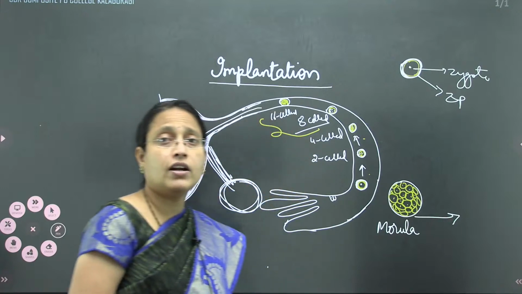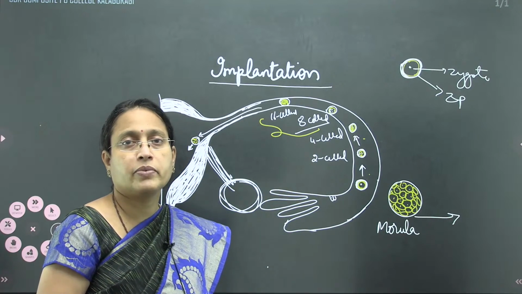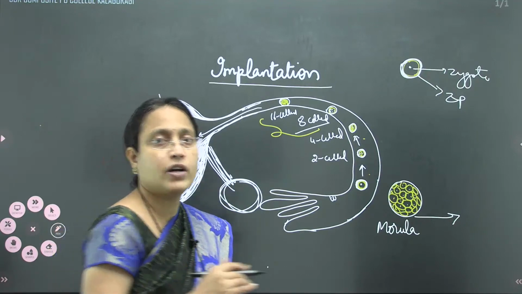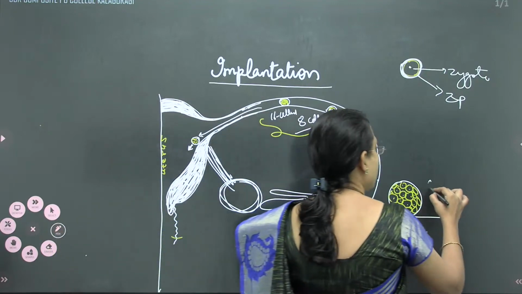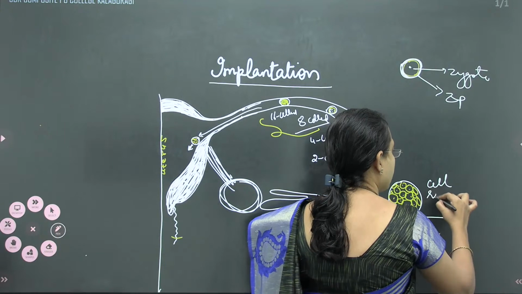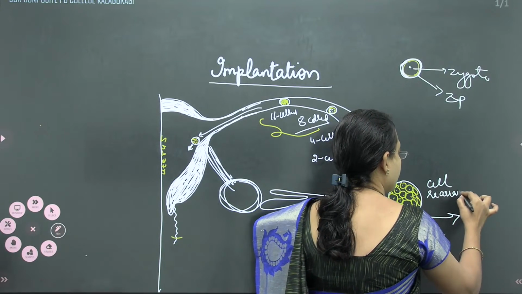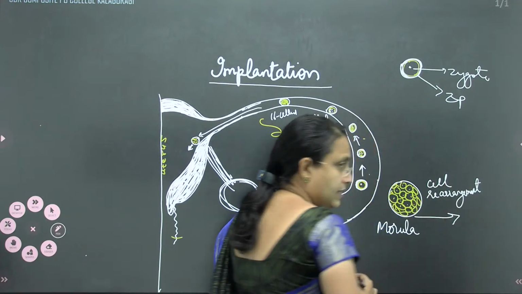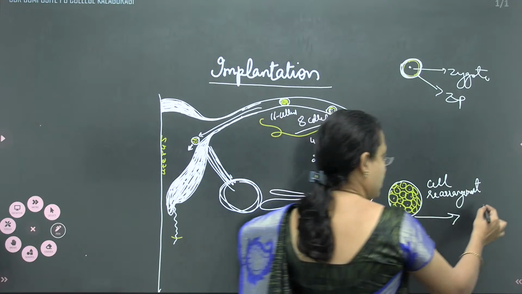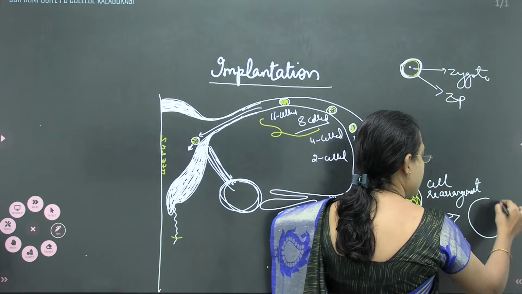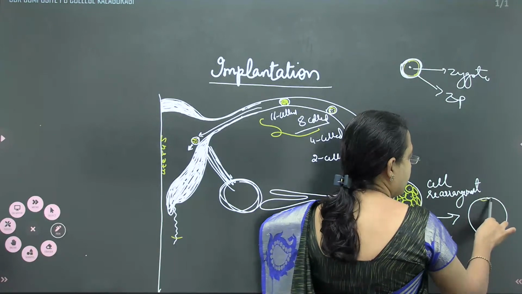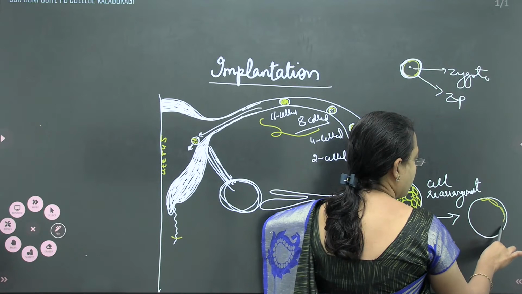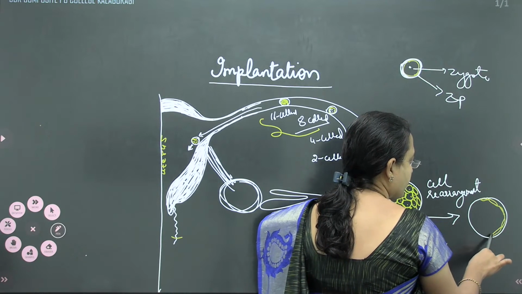The morula will undergo cell rearrangement. That means the cells will start arranging themselves in a different order. When cell rearrangement occurs, the flat cells start coming to the periphery like this.